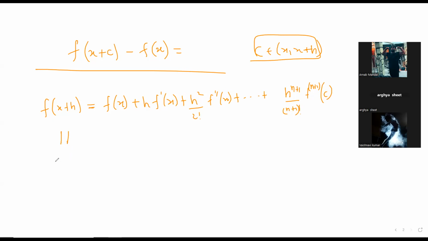And now what you are given, you can compare it with this and maybe you get something, right? You just take x equal to 0. Yeah, you see what I'm trying to say, right?